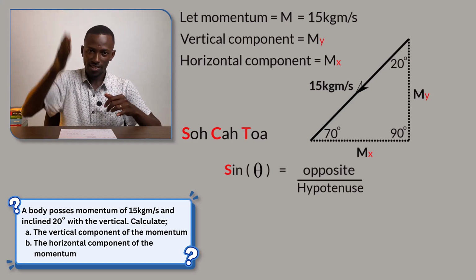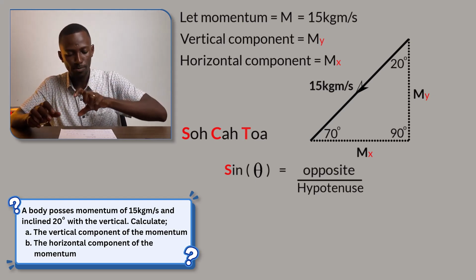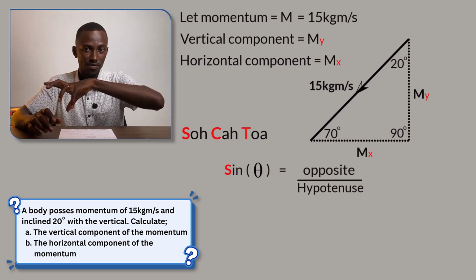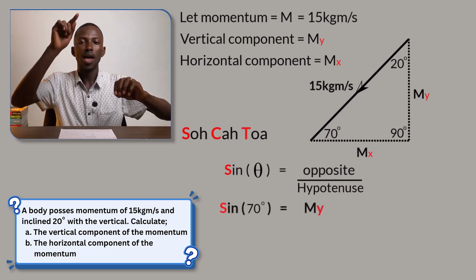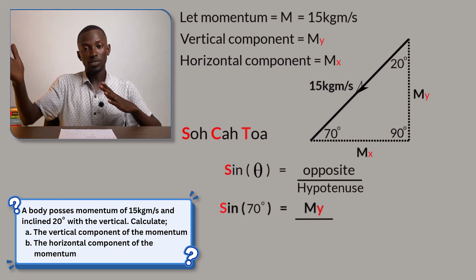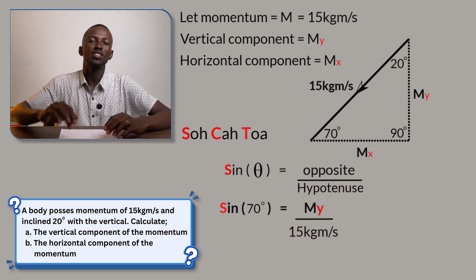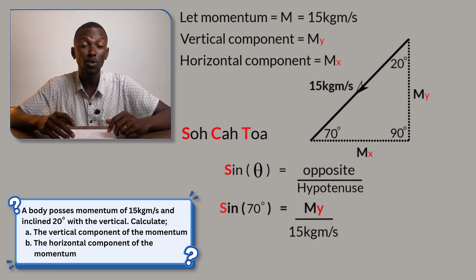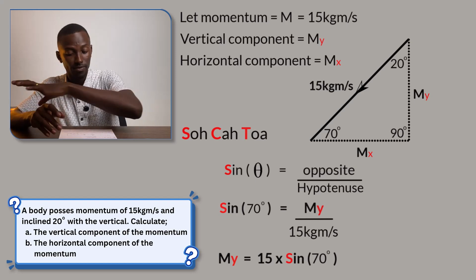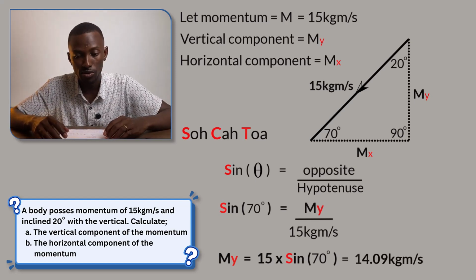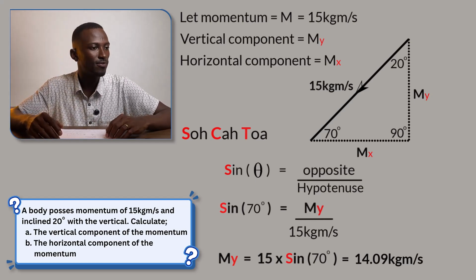We are looking for the vertical, so sine 70 equals my, the opposite, divided by the hypotenuse 15. Changing the subject, my becomes 15 sine 70, and that gives us 14.09 kilogram meter per second. You can check it on your calculator.